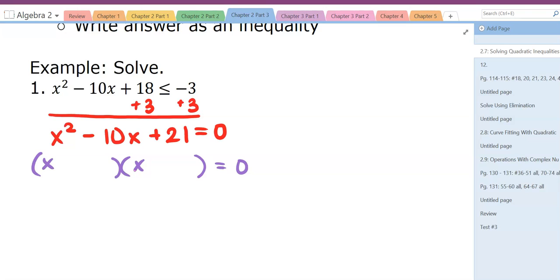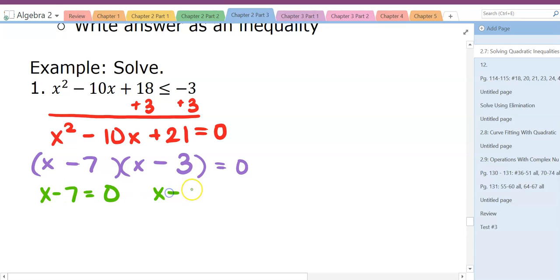And they both have to be negative. So I'm going to do x minus 7, x minus 3. That way if I multiply them, I get positive 21, and if I add them, I get that negative 10. So if I set these equal to 0, x minus 7 equals 0, x minus 3 equals 0, you get x equals 7 and x equals 3.